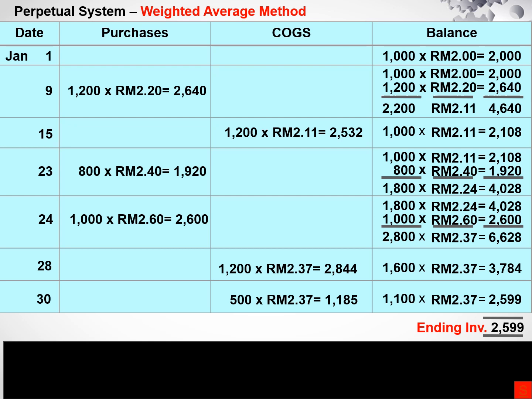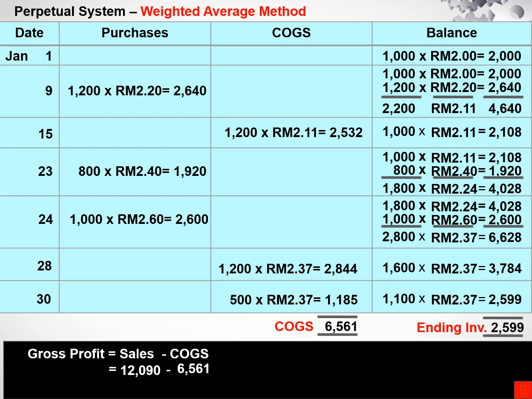So the cost of ending inventory equals to 2,599 while cost of goods sold is 6,561 and the gross profit equals to sales minus cost of goods sold. The sales that we just calculated before is 12,090 ringgit minus cost of goods sold 6,561. So the gross profit equals to 5,529.